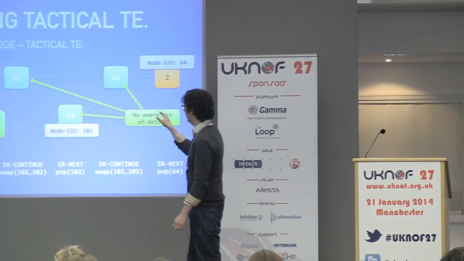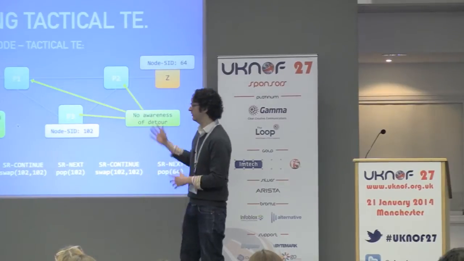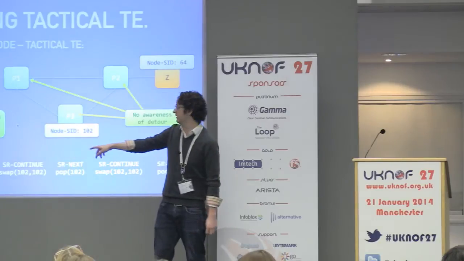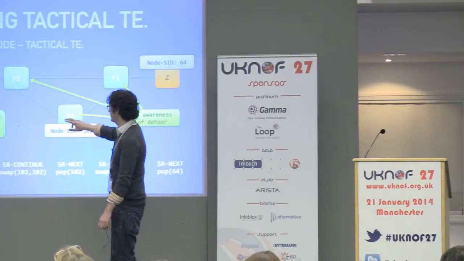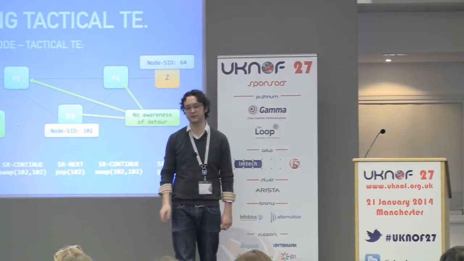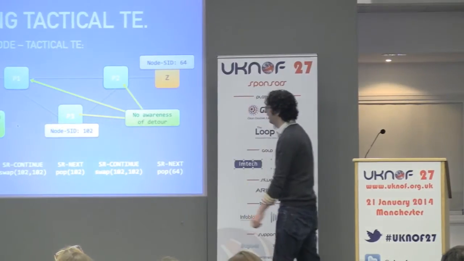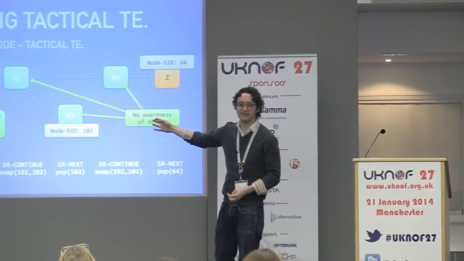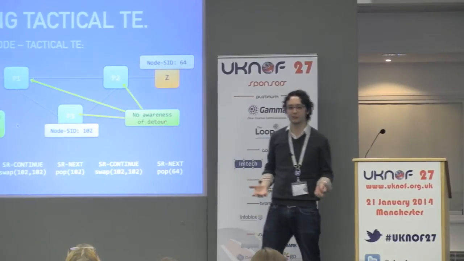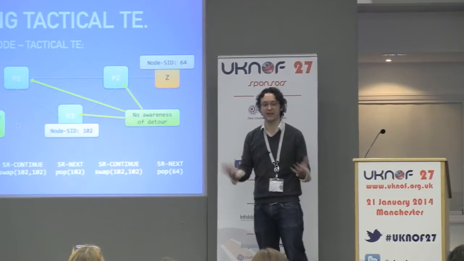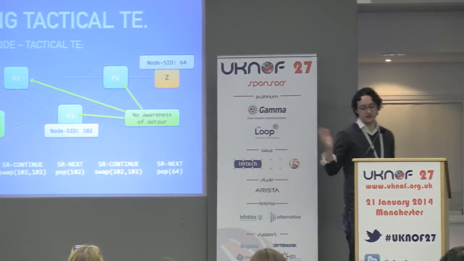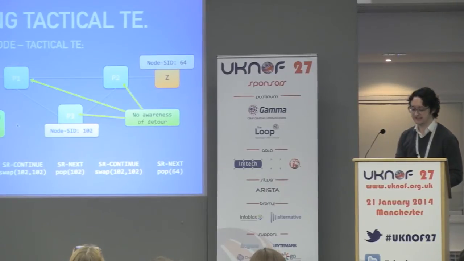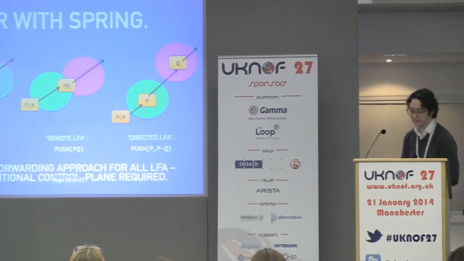To be able to do that detoured forwarding, we can now just impose two labels at the head end, the first one saying 102, which says go to P3, and then the second saying 64, which says then go on to the tail end. And we didn't need to make any kind of reservation on the middle boxes. Actually, we didn't really need to do anything. They didn't have to be running a new protocol like they would have done if we'd had RSVP-TE previously. And we've managed to relatively simply make that kind of detour through the network.